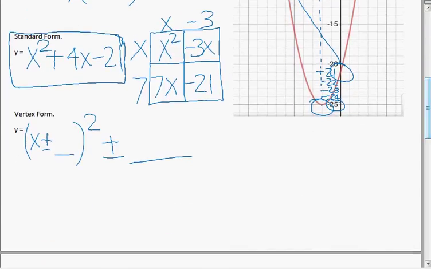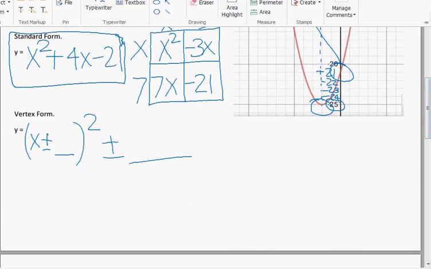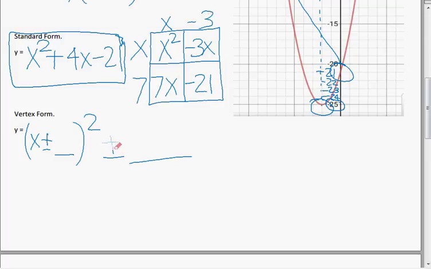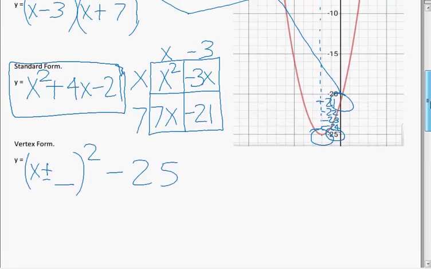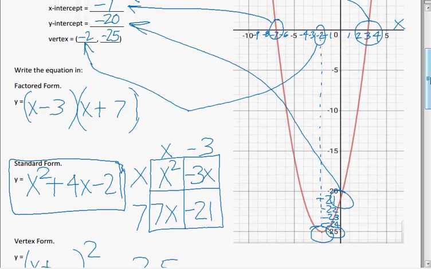So I'm going to put minus 25. And the value inside was the x value for the vertex, the x coordinate, and that was negative 2.